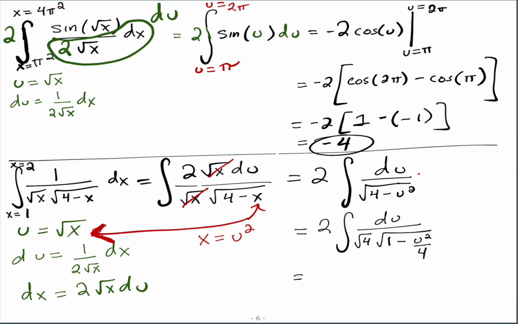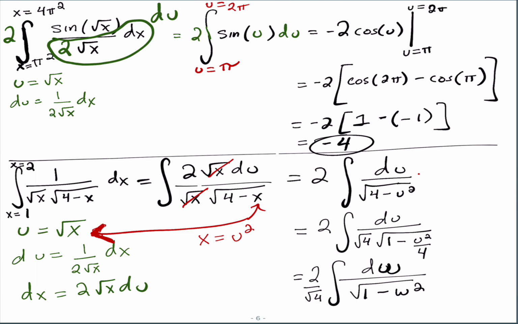Yeah, because I need this to be some other letter. Let's pick W. But we need to have the square root of 1 minus blah squared. So let's just pick W because it's a different letter than U.